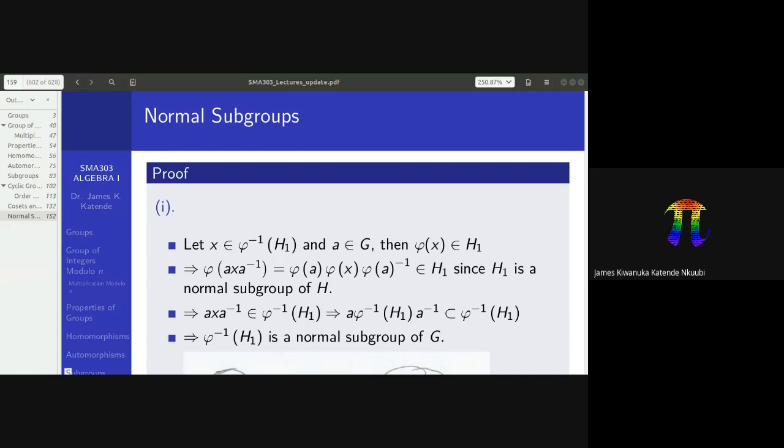So I'll give you a minute or so. We cannot fully see the diagram.